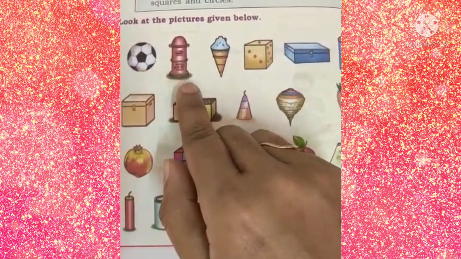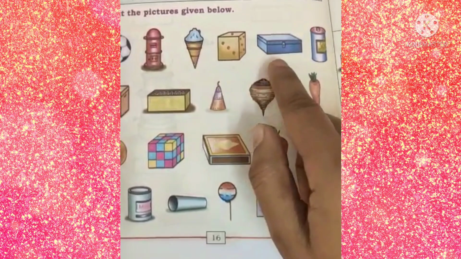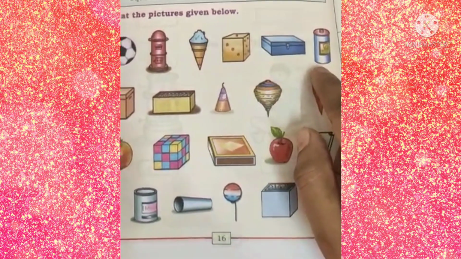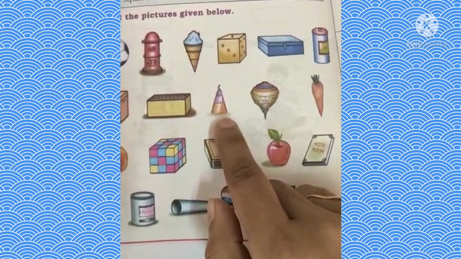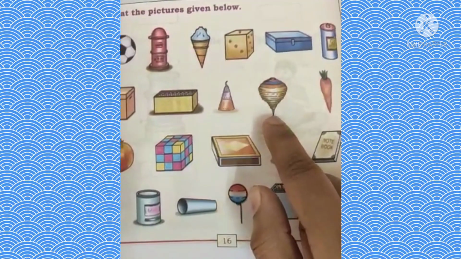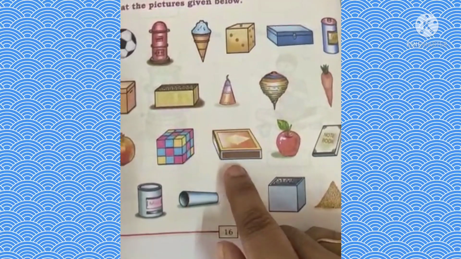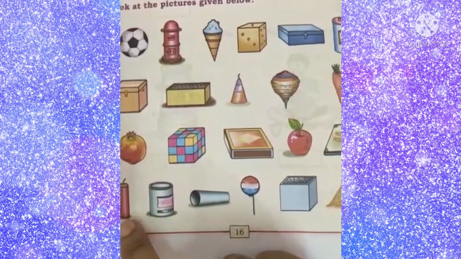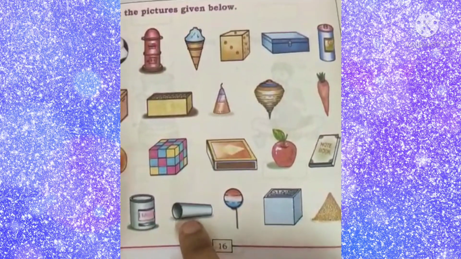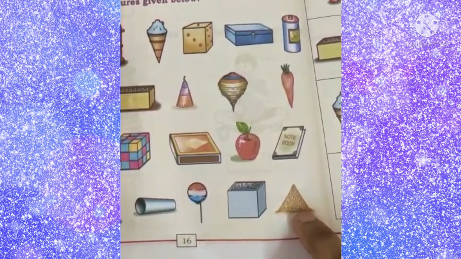Ball, post box, cone ice cream, dice, box, battery cell, chalk box, flower pot, top, carrot, pomegranate, Chinese checker, matchbox, apple, book, candle, container, pipe, balloon, box and sand heap.